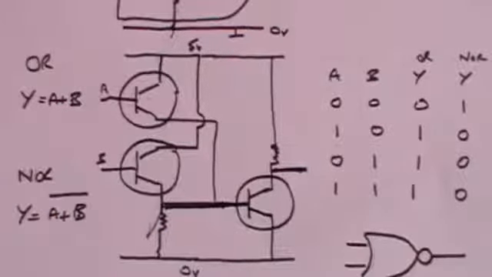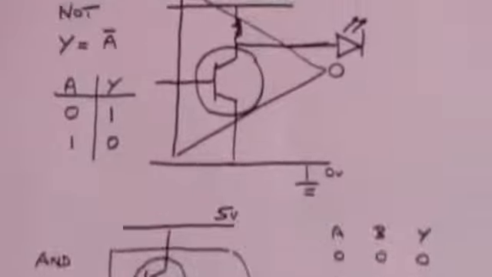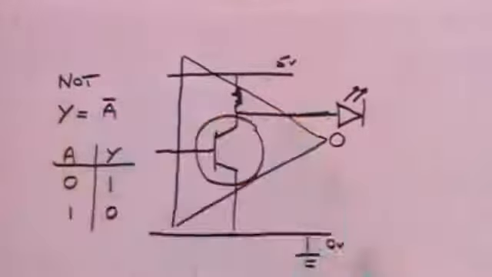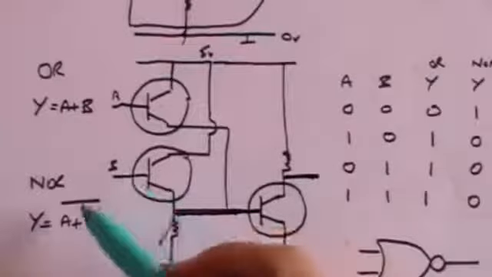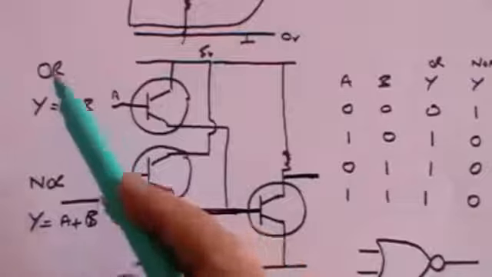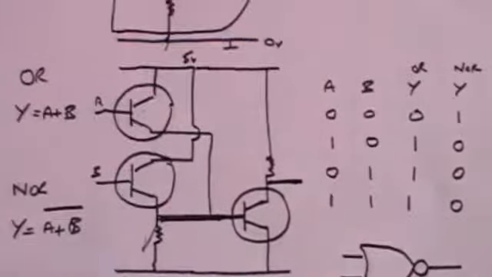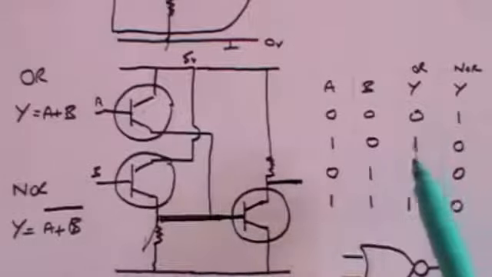Remember that a line over the top, in the same way as we did it with the NOT gate, meant that there's a NOT element to it. So here we've got a NOT OR. This is the OR gate. This is not an OR gate. It's the opposite of an OR gate, giving us the exact opposite output to what you would get from an OR gate.